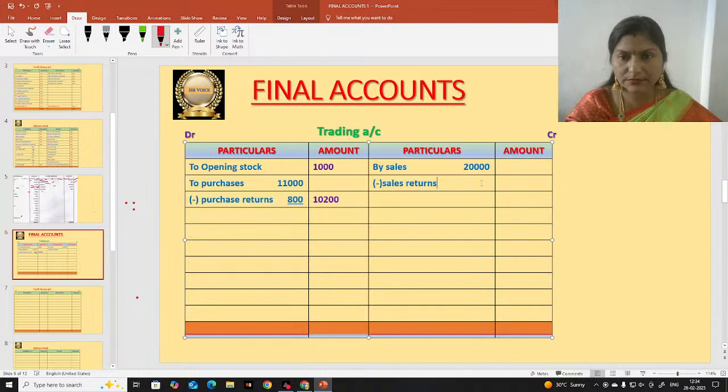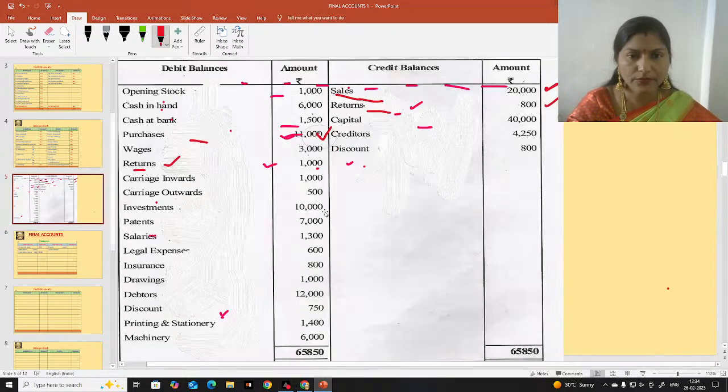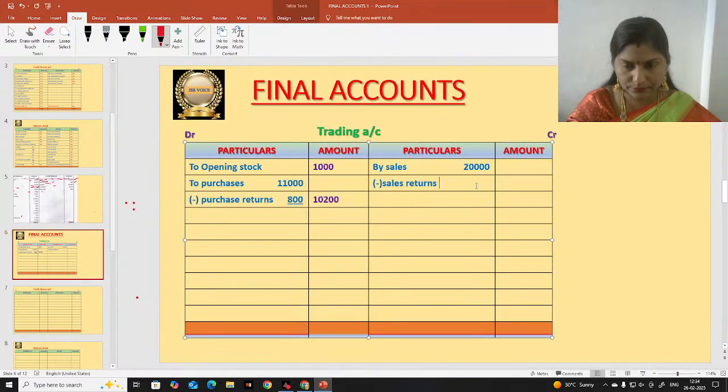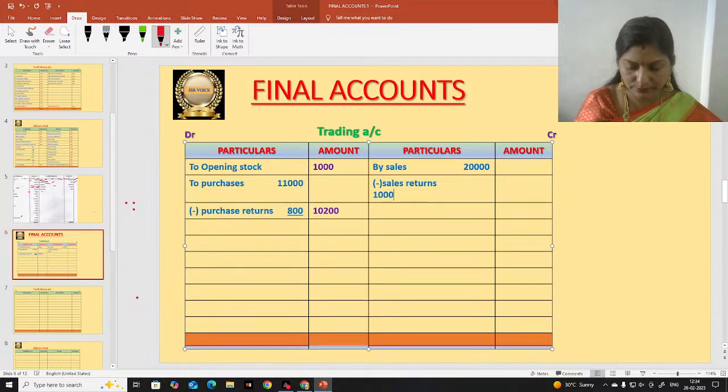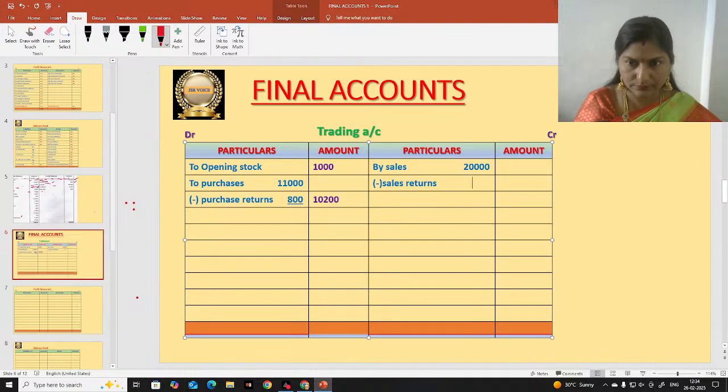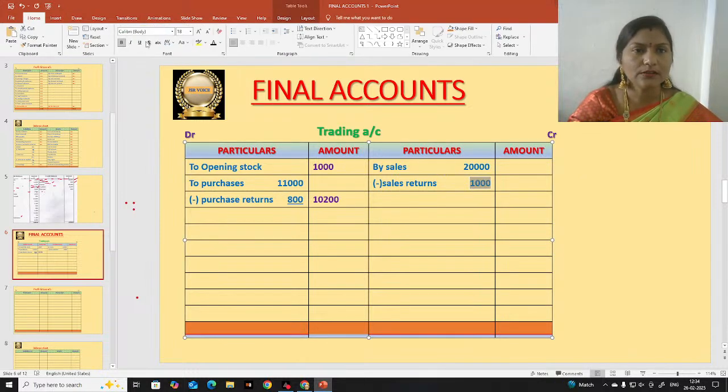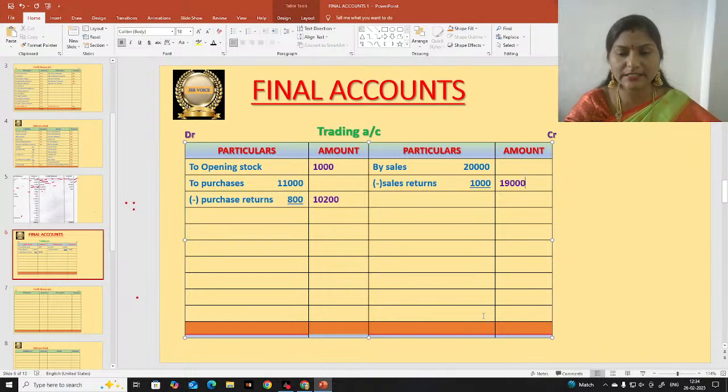You can see sales returns 1,000. So we will record 1,000 here. And if we deduct 1,000 from 20,000, we will get one value. That is how much? 19,000. So 19,000 is the amount that we are going to write in the amount column after deducting sales returns from sales.